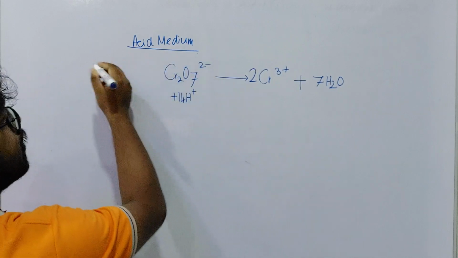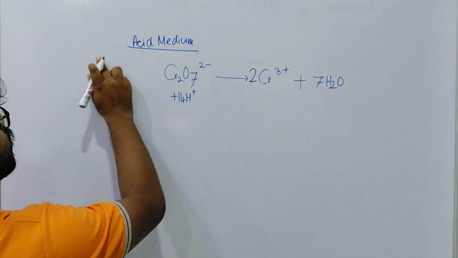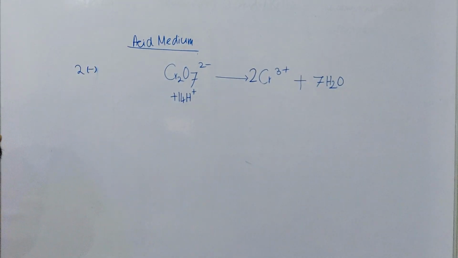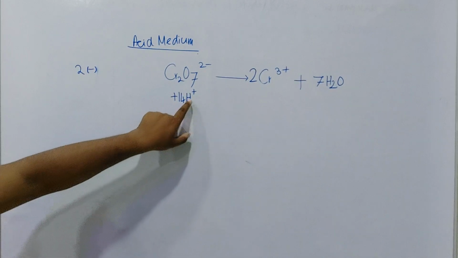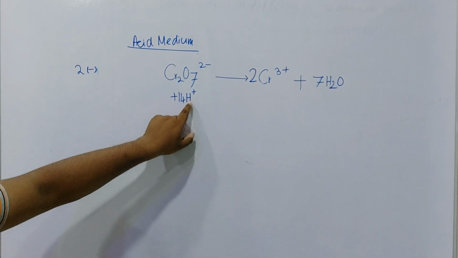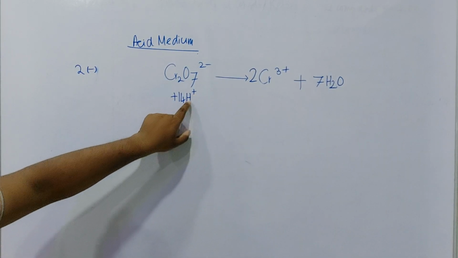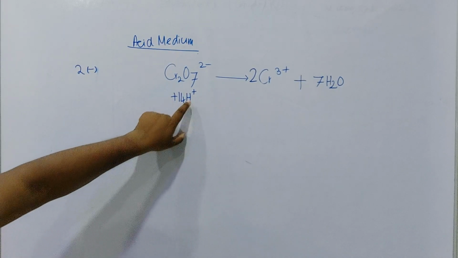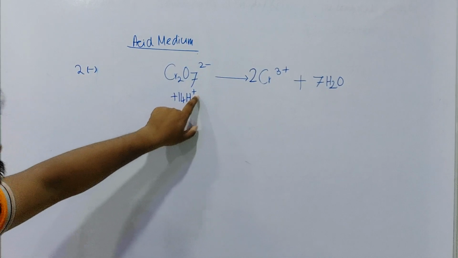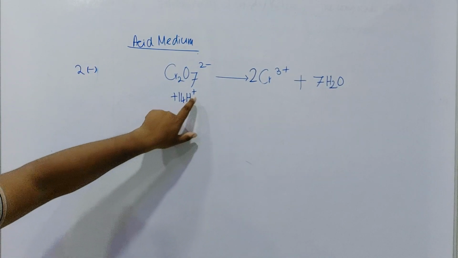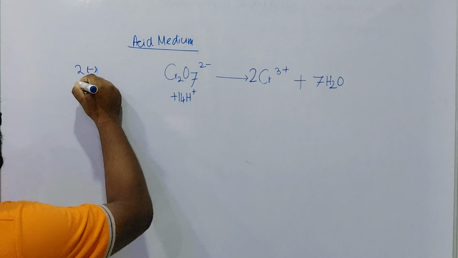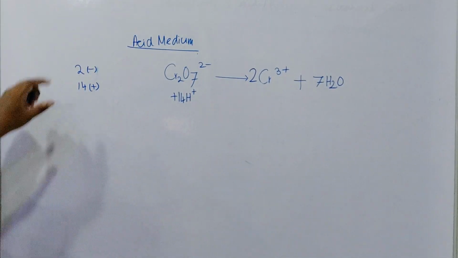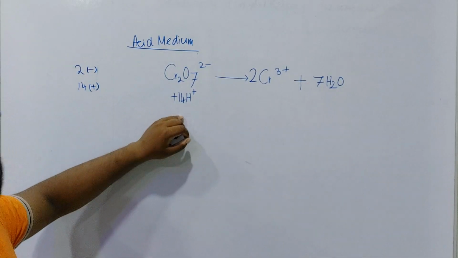And with the H plus, with the hydrogen there is 1 positive, and there are 14 such H plus. So that's why there are 14 positive charge. So that means 14 positive charge and 2 negative charge on the left hand side.